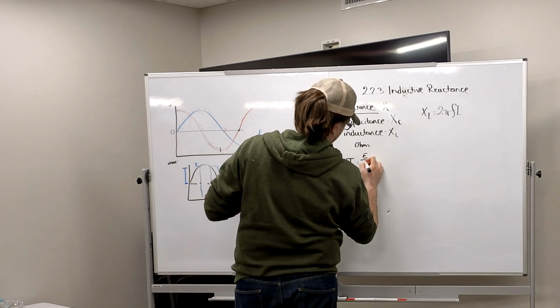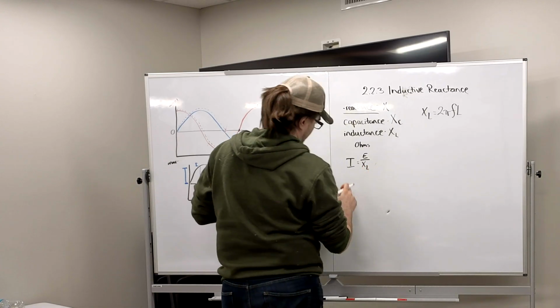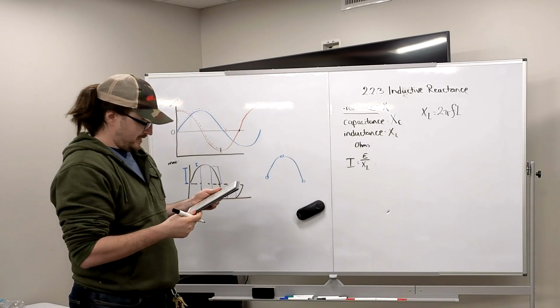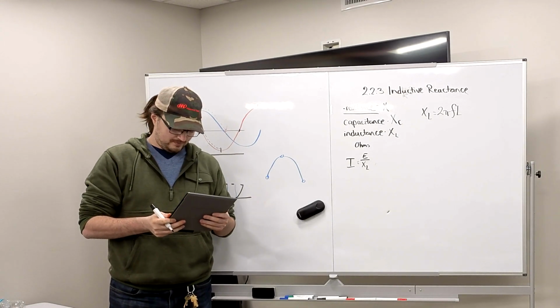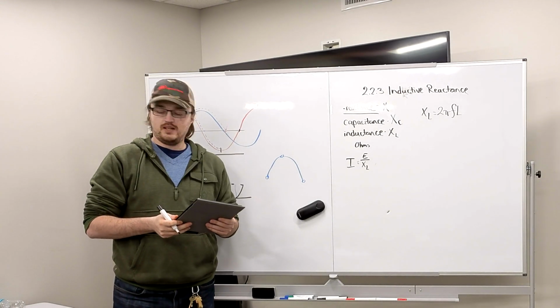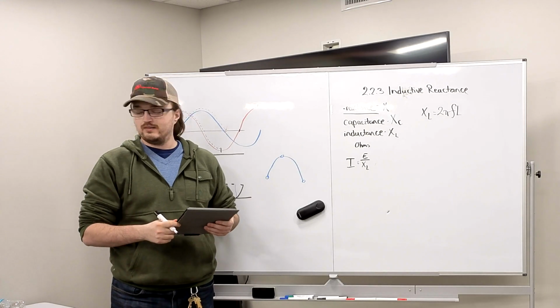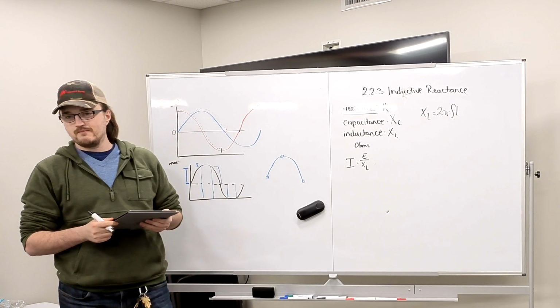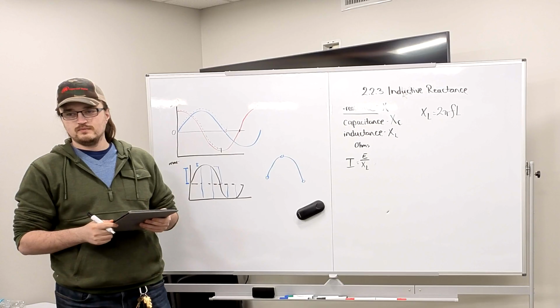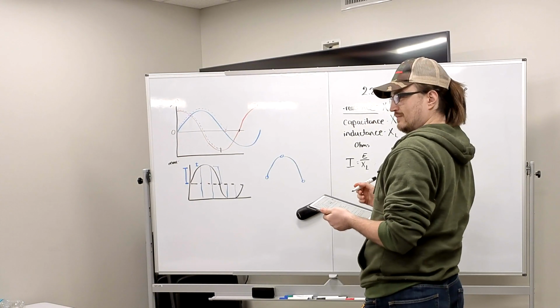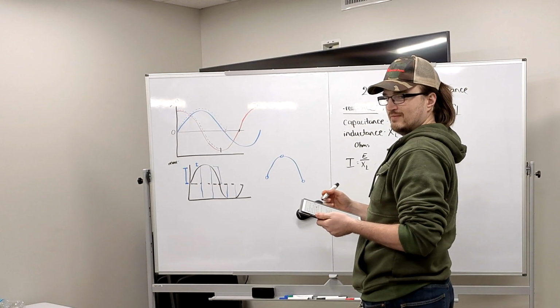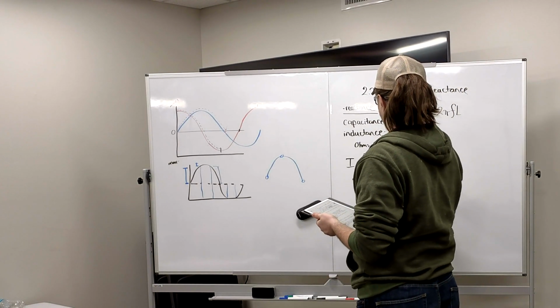I equals E over XL. What's the I in this case? Here, current. It is current, but it is not just current.